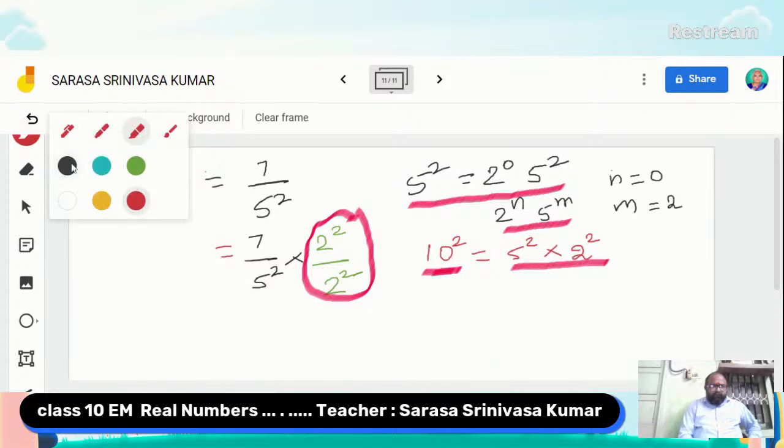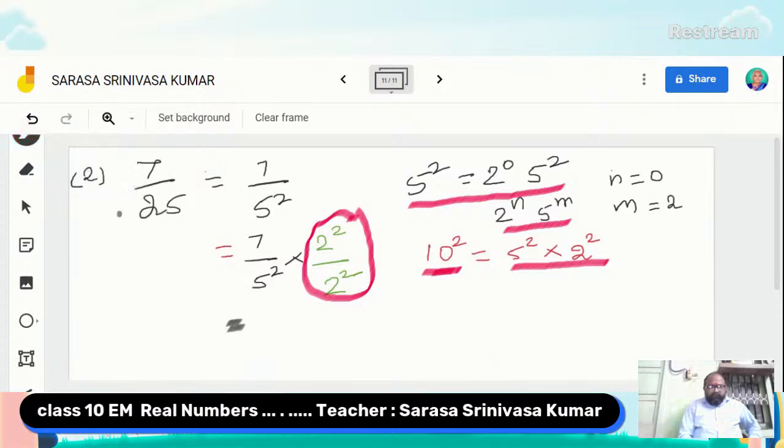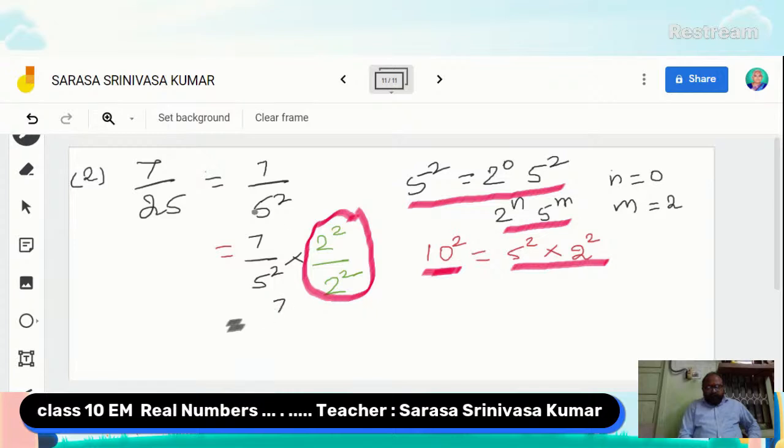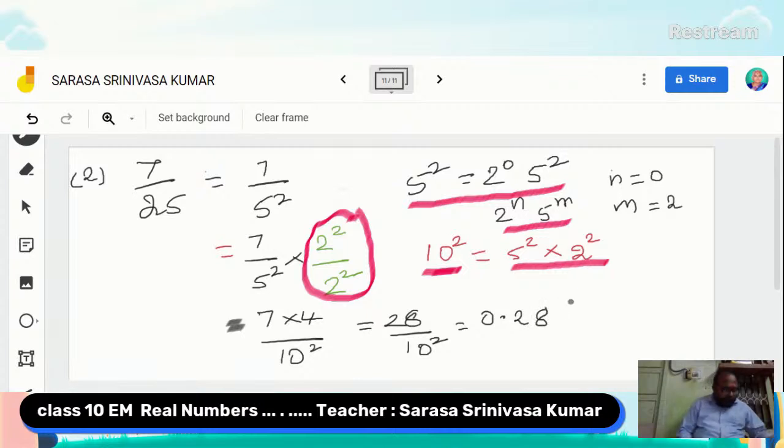This is equal to 7 multiplied by 4 divided by 10 square. This is equal to 28 by 10 square, equal to 0.28.